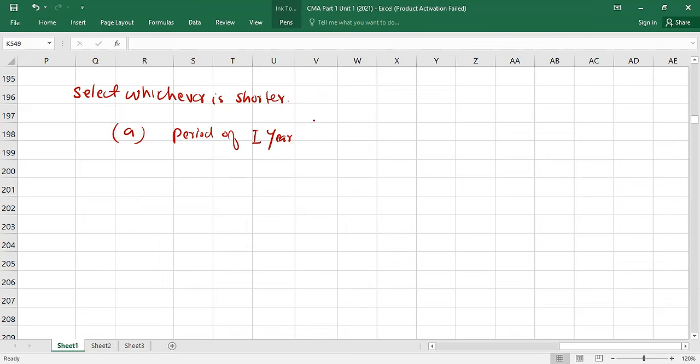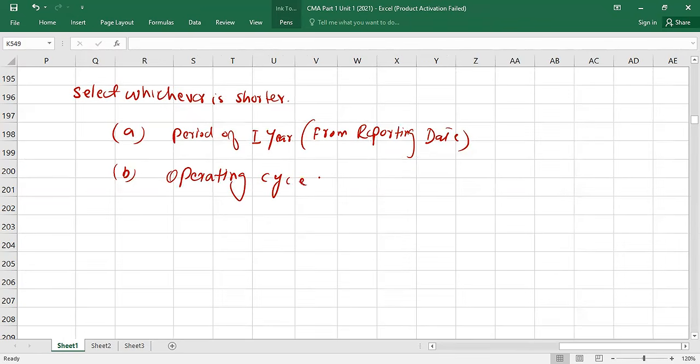A period of 1 year means, I'm putting one more word, from the reporting date. Second is B, operating cycle. These two terms you need to understand. For operating cycle, I'm putting cash paid, then an arrow, and cash received.